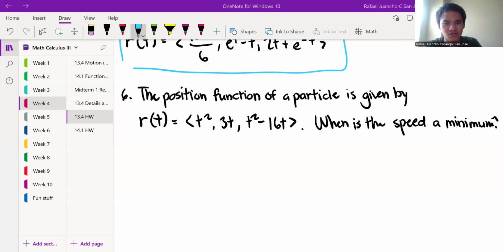So we square it, we take its derivative. Oh, it's asking when. So it's asking for a t because it's asking when.